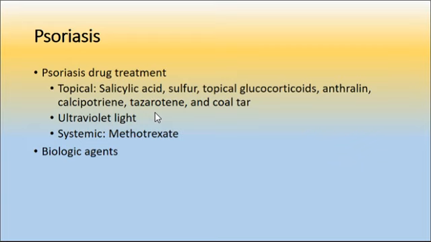For the mild to moderate, calcipotriene, which is a synthetic vitamin D, suppresses that cell proliferation, because that's where they have this buildup. Tazarotene is a topical treatment for moderate psoriasis.